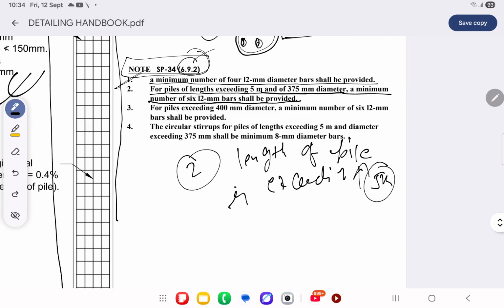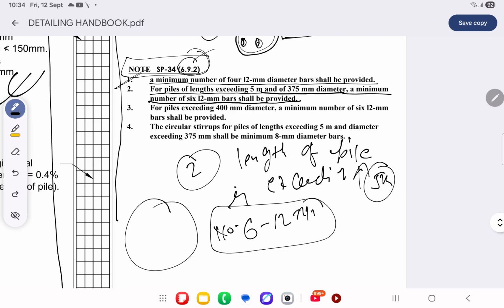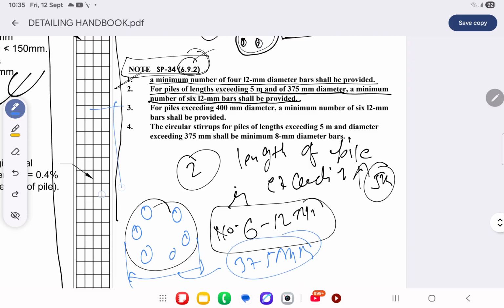Minimum 6 bars you can provide with minimum 12 mm diameter. Suppose this is your pile, so minimum 6 bars, 3 4 5 6. The diameter of the pile should be greater than 375 mm, and the length should be greater than 5 meter, then we can provide the minimum 6 bars.